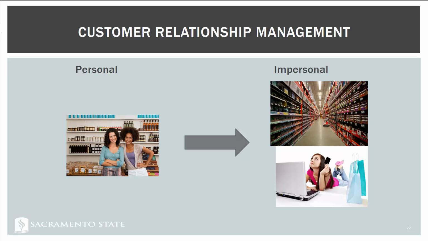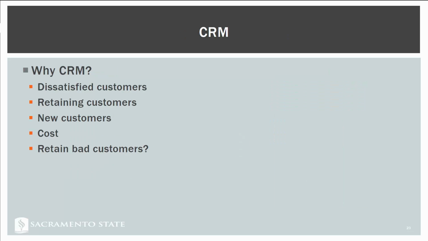Well, generally, many organizations do it poorly, but CRM systems are designed to personalize as much as possible and track a customer relationship with a particular entity. So, why CRM? Well, sometimes we have dissatisfied or unhappy customers. We also want to make sure that we retain our existing customers.